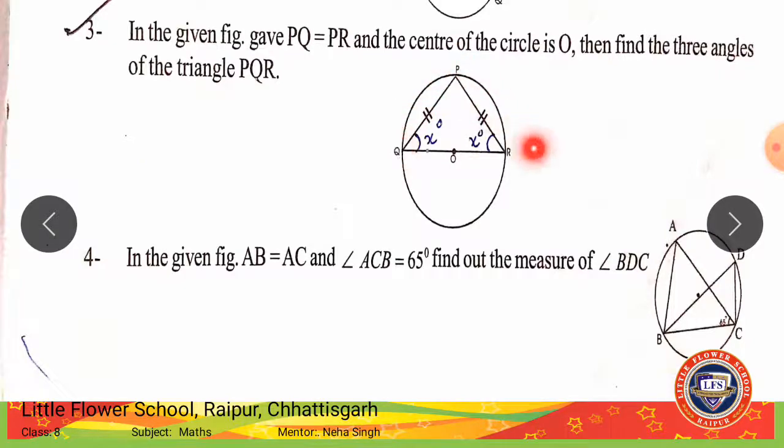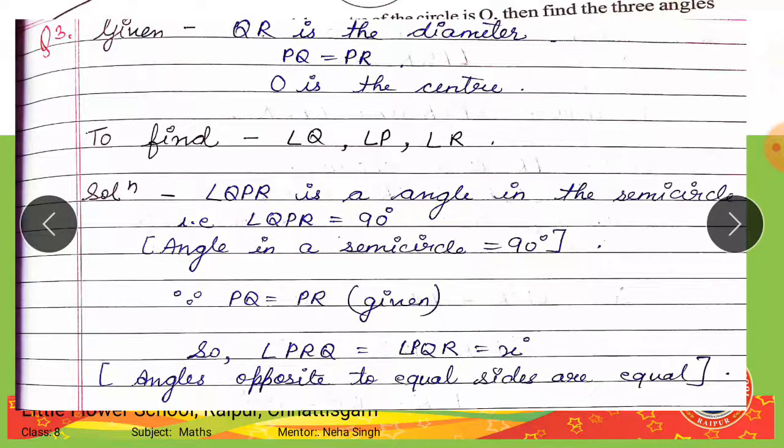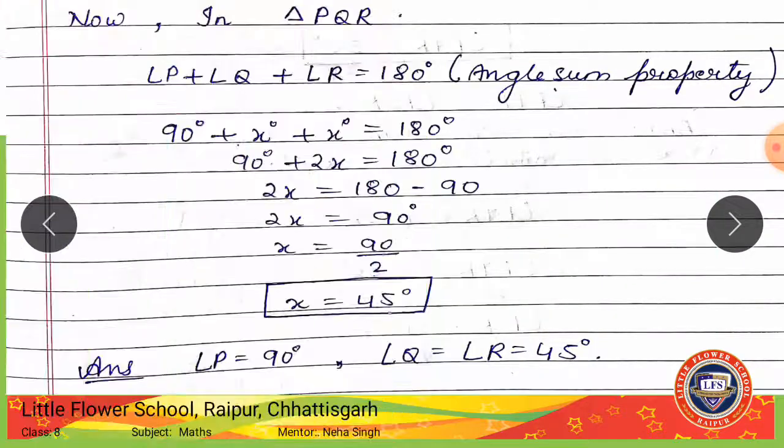Since PQ is equal to PR, the angle opposite to PQ is angle R and the angle opposite to PR is angle Q. So since these two sides are equal, these two angles will also be equal. This is also a property, right? Angle in a semicircle is 90 degree, this we have done. Then PQ equals PR, so angles will be equal. Why? Because angles opposite to equal sides are equal.